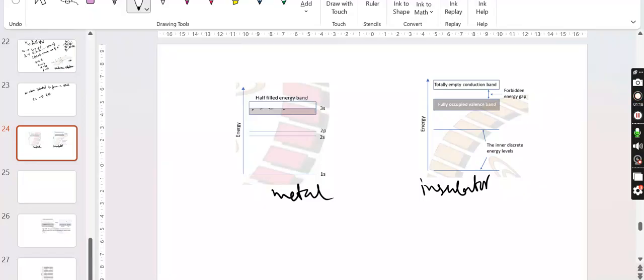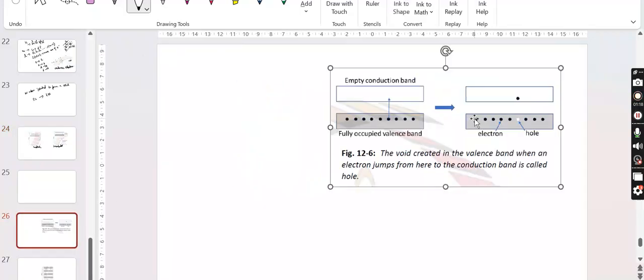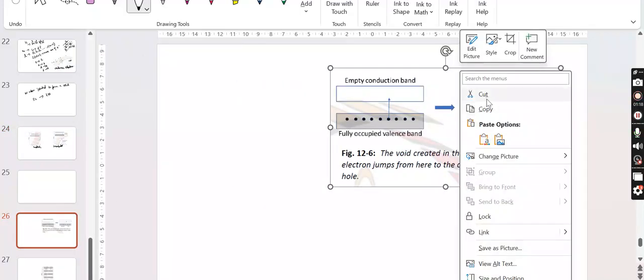Here then comes the semiconductor. Semiconductor is like this.